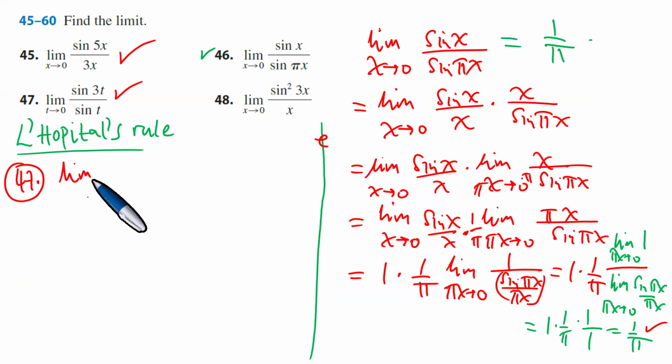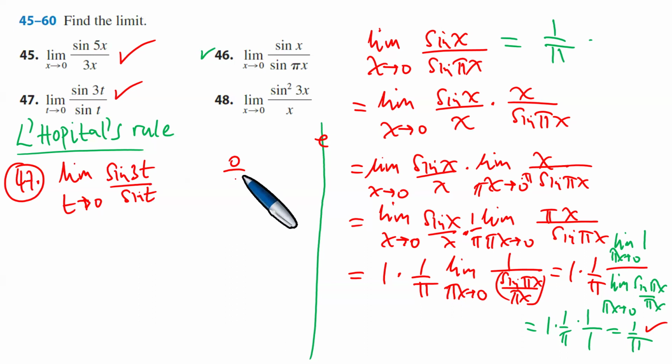If you have the limit as t approaches 0 of sine 3t over sine t, what do we get here? You can use L'Hopital's rule because if you substitute, it's going to be 0 over 0, because the sine of 0 is 0, and the sine of 3 times 0 is also 0.